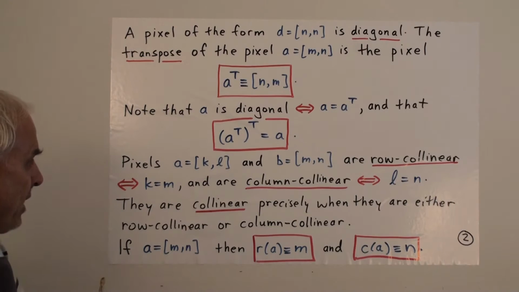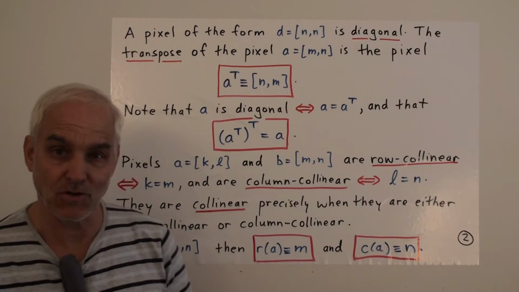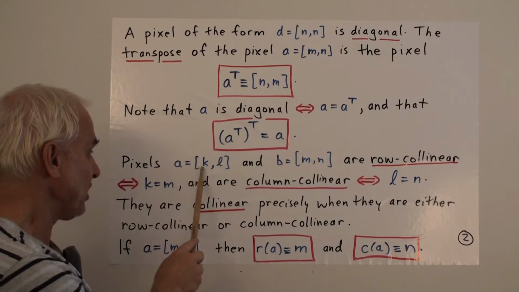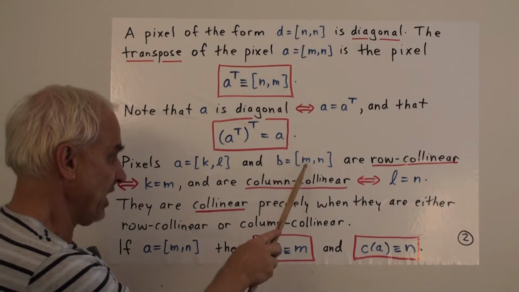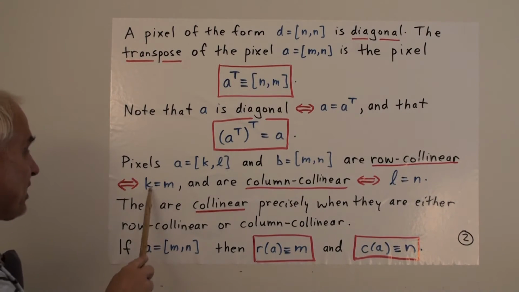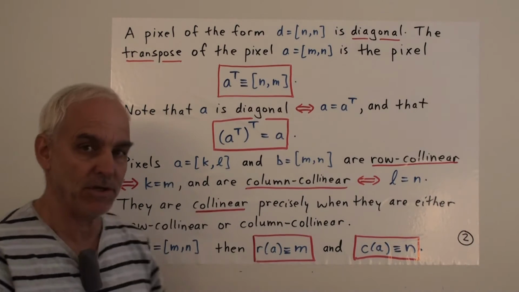Good. And let's also say a little bit about the relationship between two pixels. So we'll say that A, which is say KL, and B, which is say MN, are row collinear precisely when K equals M, when the first two components are equal.